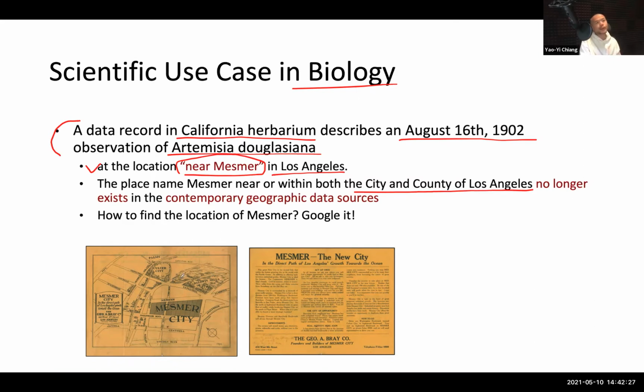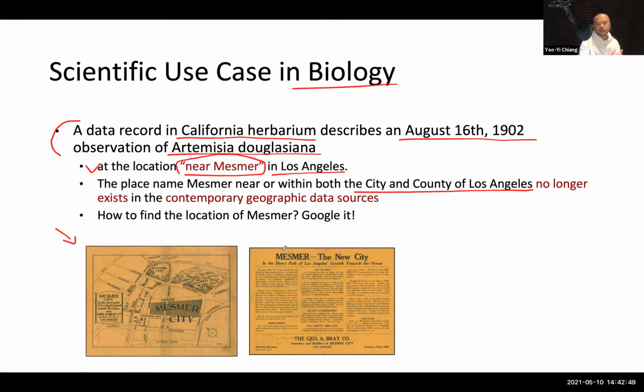Well, I did Google it, and when I Googled it, I found images like this. It turns out this was a company developing a piece of land, and they called this new development Massmart City. They promised they were going to build Massmart City, but the development eventually died down.